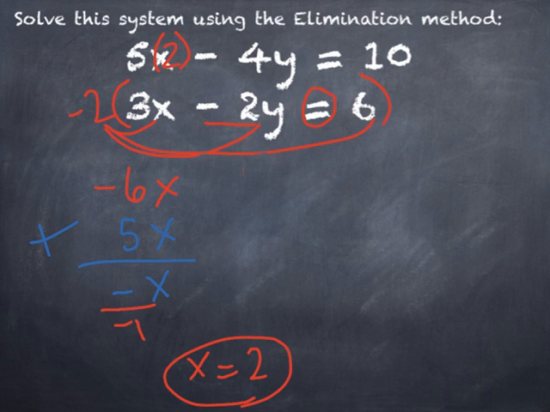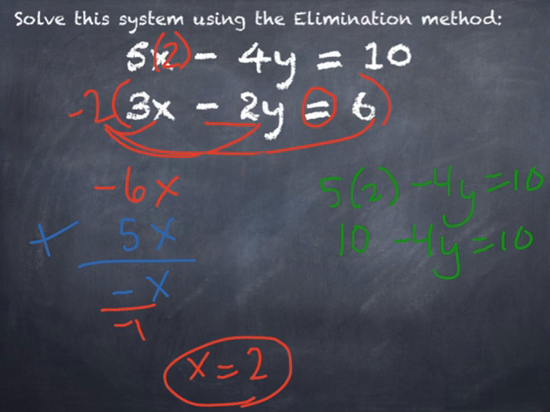Rewriting that, I'm going to do 5 times 2 minus 4y equals 10. There wasn't really any reason I chose the first equation, maybe just because it was first. You could do it with the second equation just as well. That gives me 10 minus 4y equals 10.